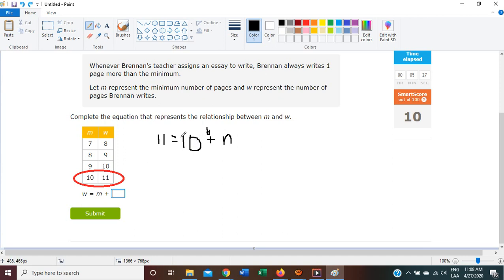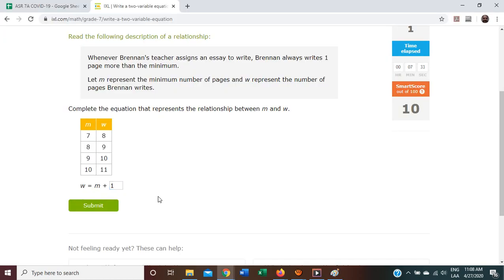So we know that it's adding because there is an imaginary plus symbol right here. I am going to send 10 to the other side of the equal symbol, and it was adding, so now it is going to be subtracting. 11 minus 10 equals 1. So 1 equals N. The answer is 1.